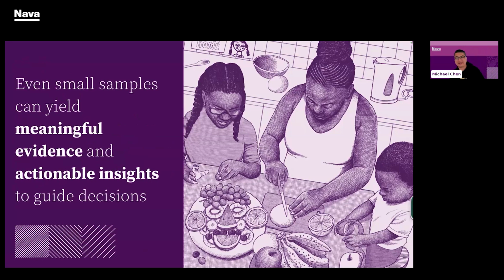So here's the take-home message for this section on small samples. Remember that when it comes to designing impact evaluation for AI tools, whether you're working with government partners, academic partners, or community partners, you don't necessarily need a large sample to do meaningful impact evals. And to echo what Ryan and Laurel have said in previous slides, I think with a thoughtful, intentional, and ahead-of-time selection of methods, right?